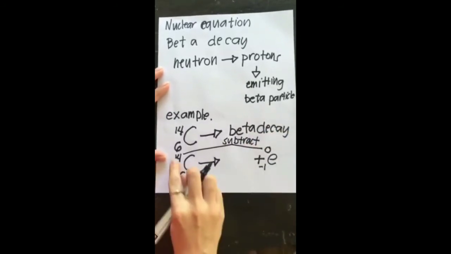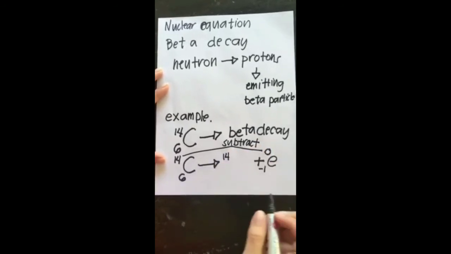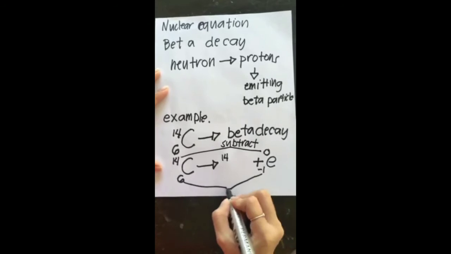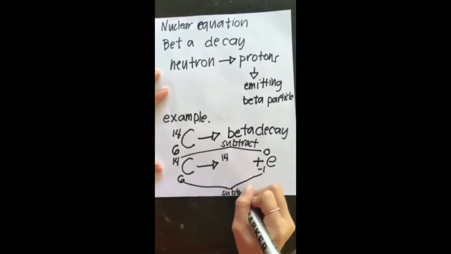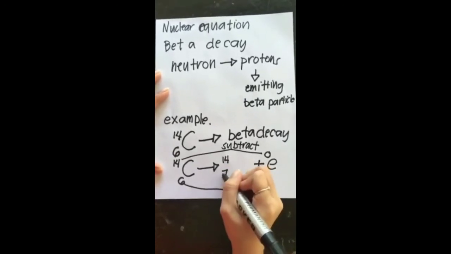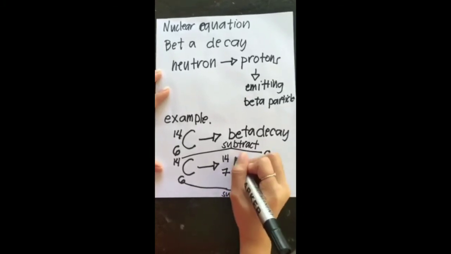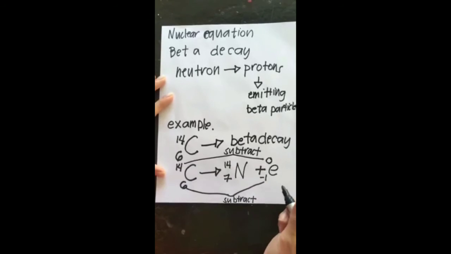So 14 minus 0 is still 14. Same goes with the atomic number of carbon, and the answer will be 7. So the newly found element will be nitrogen.